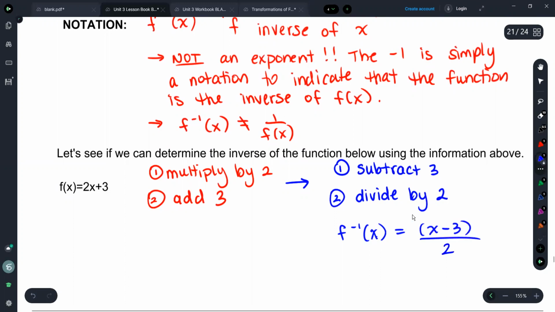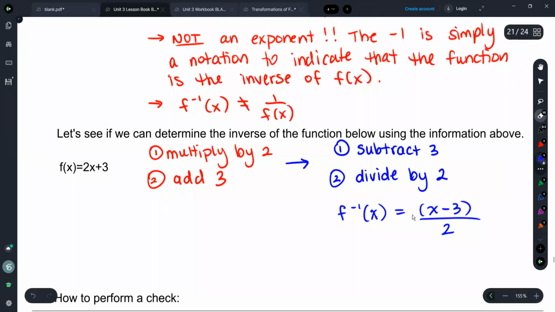Yeah, basically we can do that. We don't even really need the brackets necessarily. If we have this on top and it's all over 2, we would know to subtract 3 first and then to divide by 2. But if you want to put the brackets, you can put the brackets. That's fine as well. So this is the inverse function of f at x.